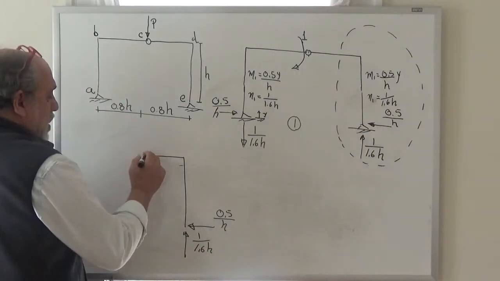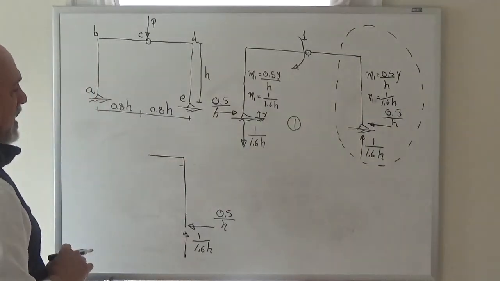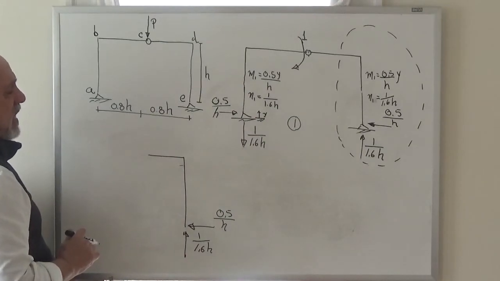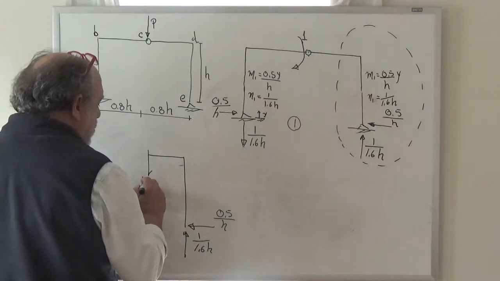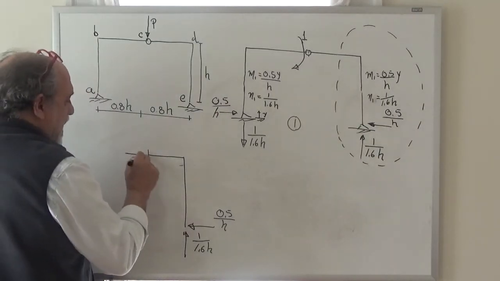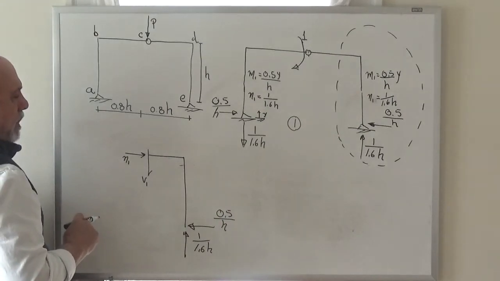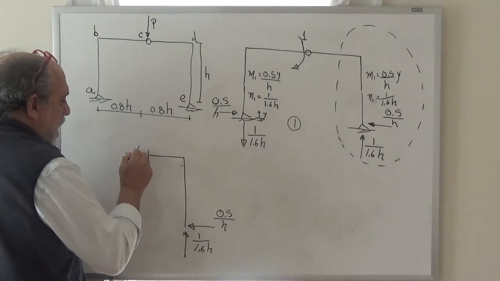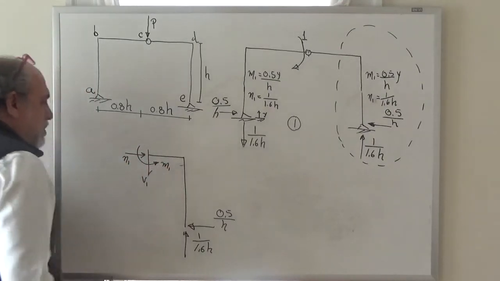Now I can see that over here, am I committed to any sign convention on the shear, axial, and moment? No, because we have not looked at bar CD at all. Therefore, I can say that I have a shear in whatever direction I feel like, that I have an axial in whatever direction I feel like, and that I have a moment, and in this case I'm going to take it to be this way, in whatever direction I want.